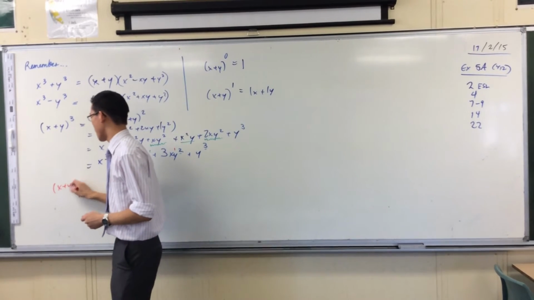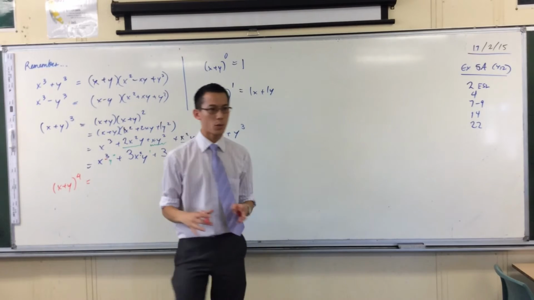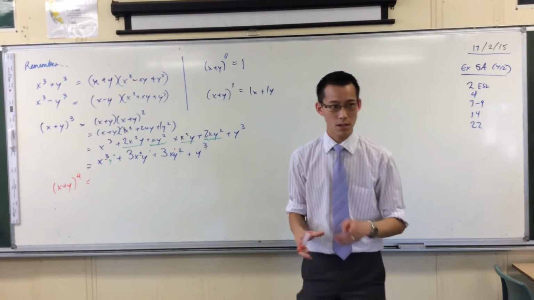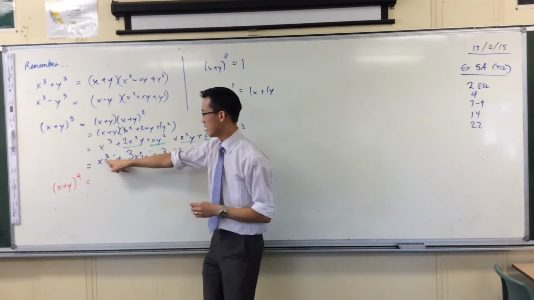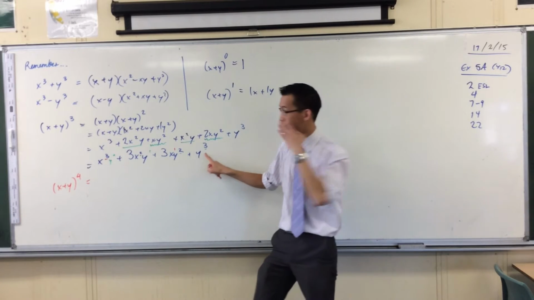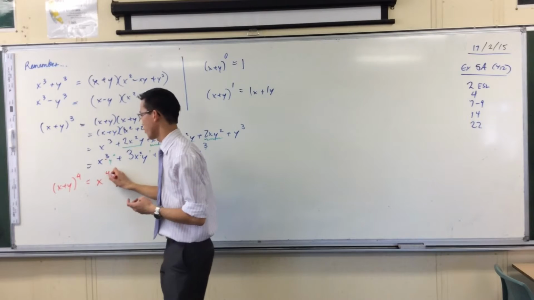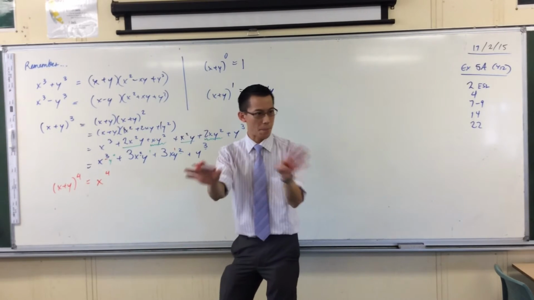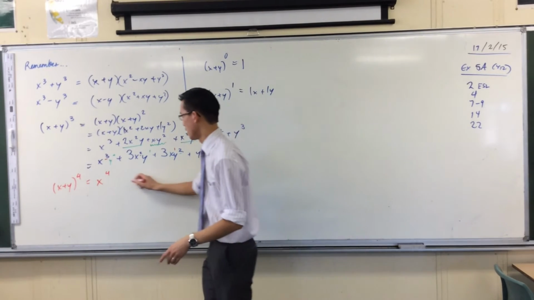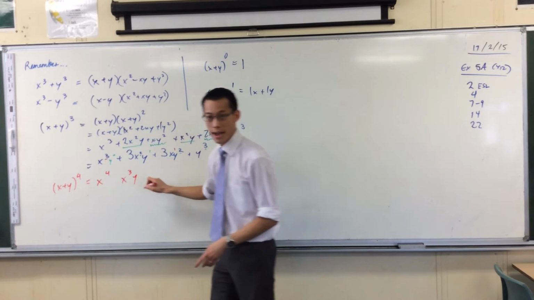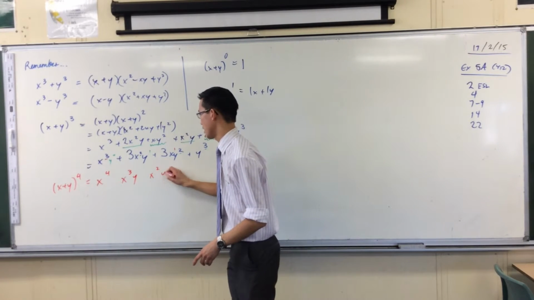That if I take this guy, what are we going to expect? All right, so watch the pattern first. These high powers match what I raised it to. So I'm going to start with an x to the 4. I'm going to leave off the coefficients for a second. The next one will be an x cubed, then a y. The next one will be an x squared and then a y squared.